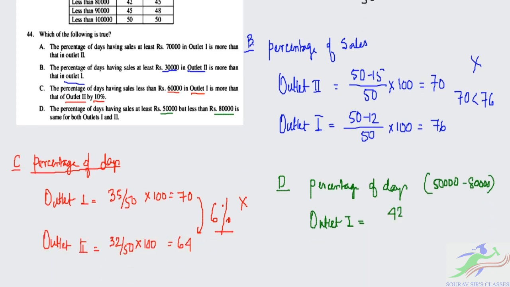So this is going to be 42 minus 25 by 50 into 100, right?